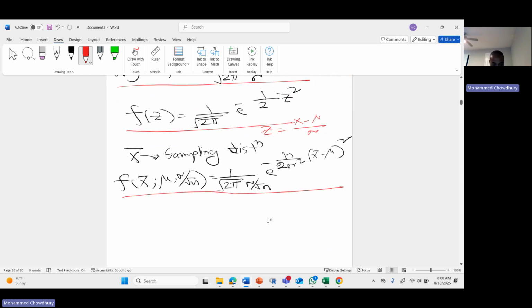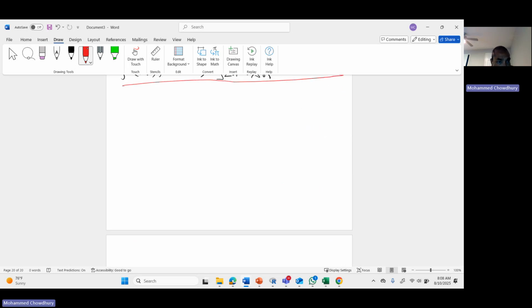Now, in the following moments, I'm going to show the applications of these distributions. Let me start with the Z. So I want to find the probability of Z less than 1.21.